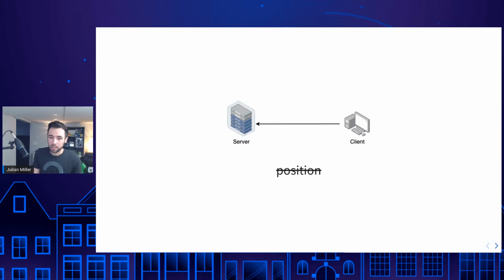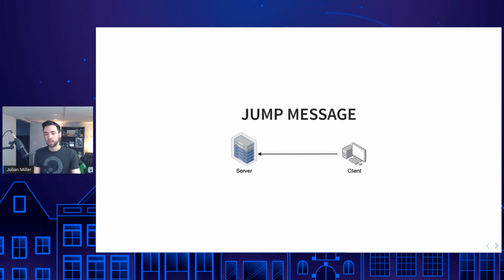So instead of sending this absolute data, generally the client is going to want to send input events instead, then let the server calculate the resulting game state. So for example, let's say we pressed a button to make our character jump. The client is going to send a message to the server to let it know that we pressed our jump button.